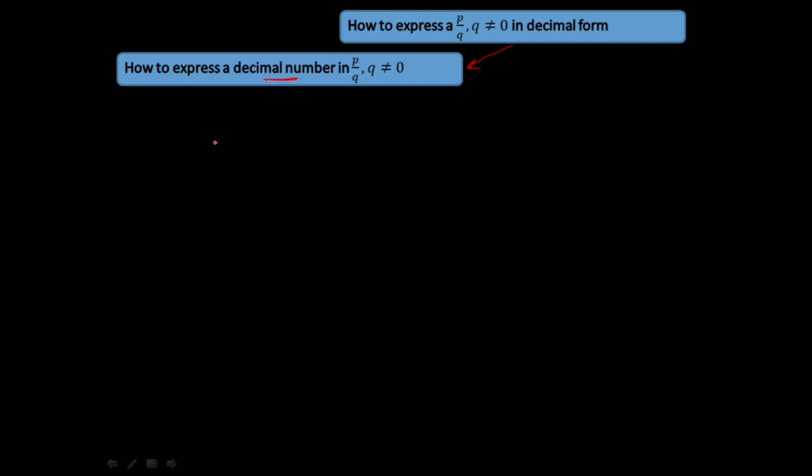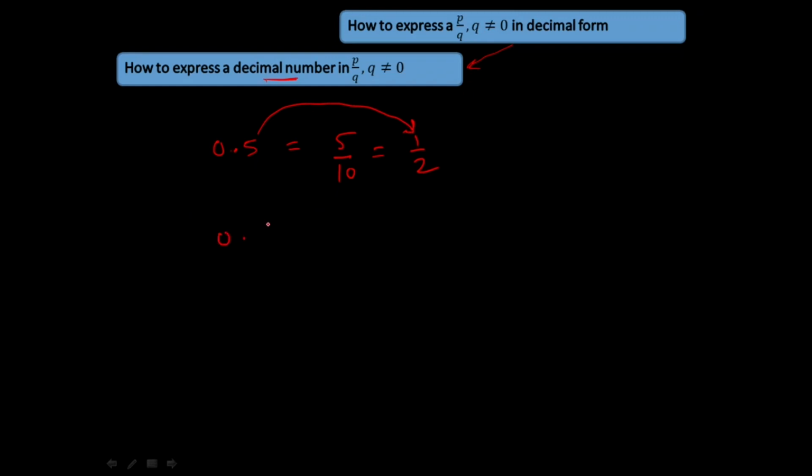Now suppose we are given 0.5. How to convert this decimal form in P over Q form? Because this decimal is having only one digit after the point, so put 10 down. So I converted decimal form into P over Q form.